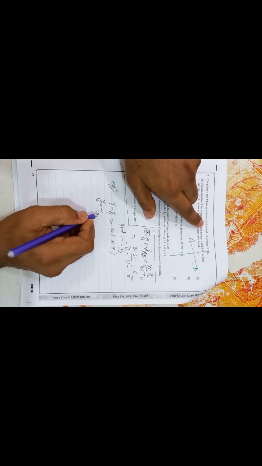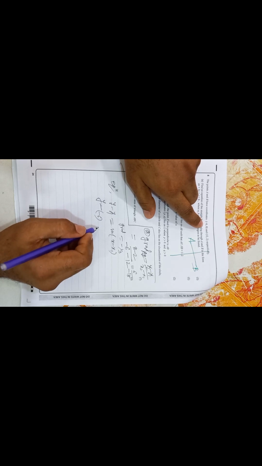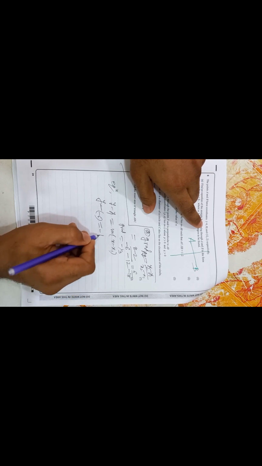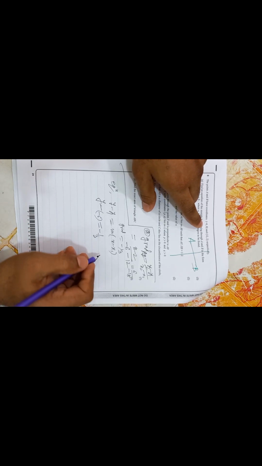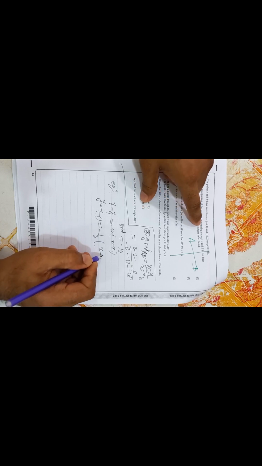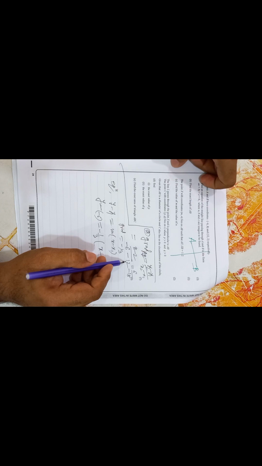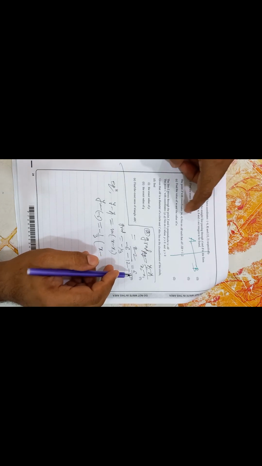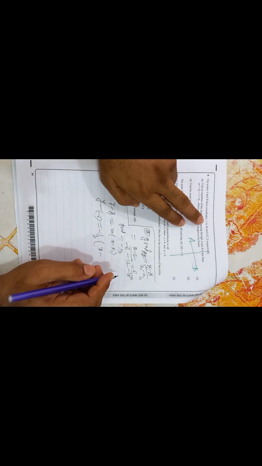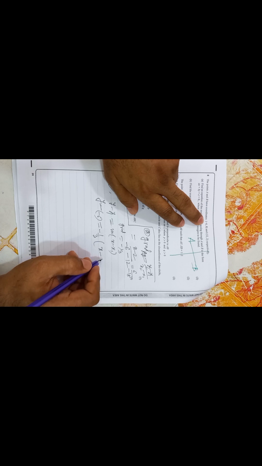If you take the point (minus 6, 8), then y minus 8 equals minus 1 over 3 times x plus 6.